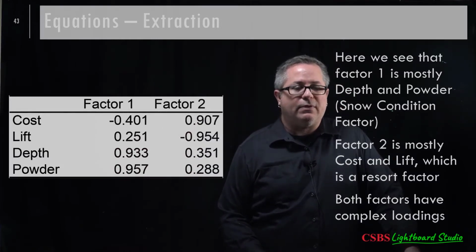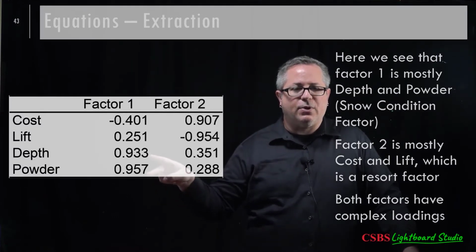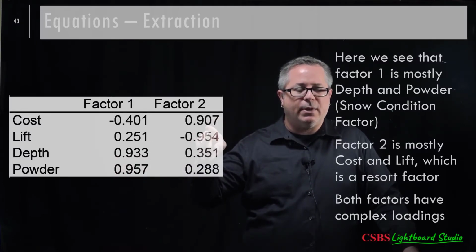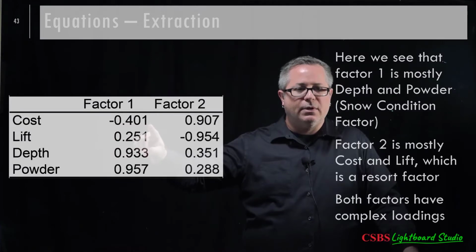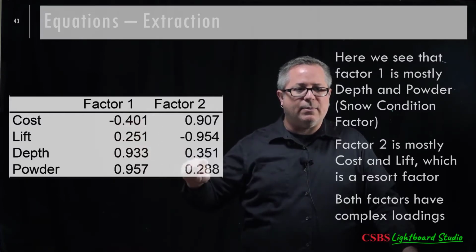Now we can look at this, and it's fairly straightforward, more or less. You've got two large loadings on factor 1 for depth and powder. You've got two large loadings for cost and lift on factor 2, but there is a potential cross-loading: a non-ignorable loading for factor 1 on cost, and the same thing here, an above 0.3 loading on depth for factor 2.